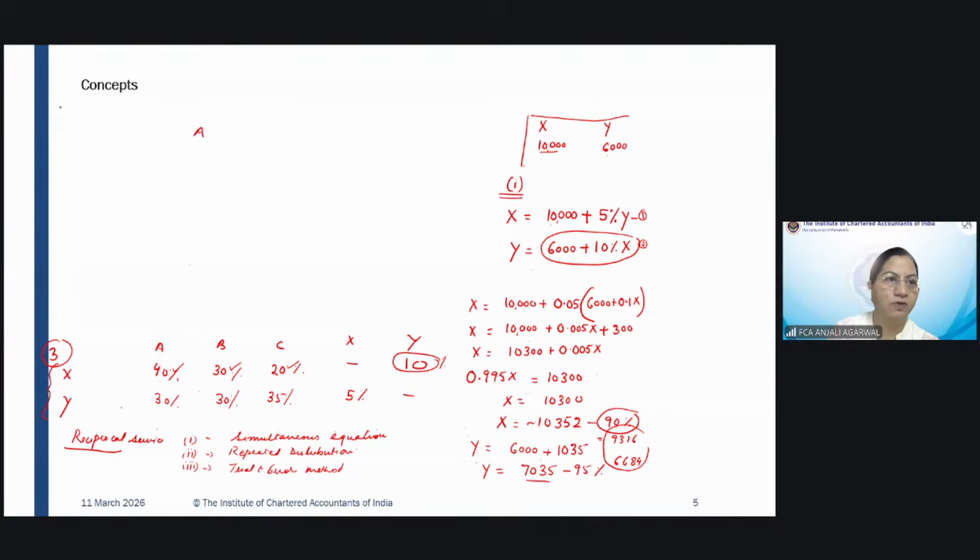So if I follow 3, 2, repeated distribution, what will happen?